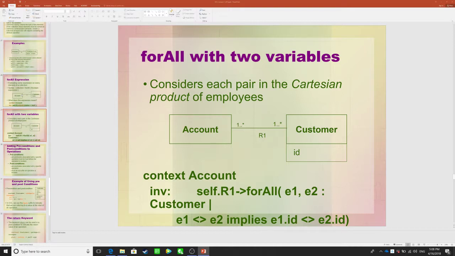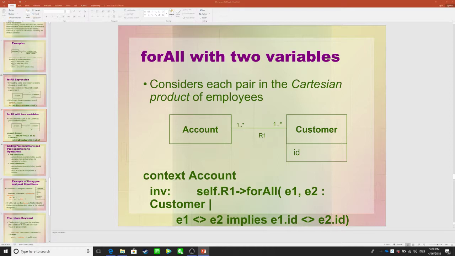So that basically is a predicate to make sure that everyone has their own ID. Maybe you forgot about it, but this is a predicate which returns true or false, so we can use that in the OCL as well.